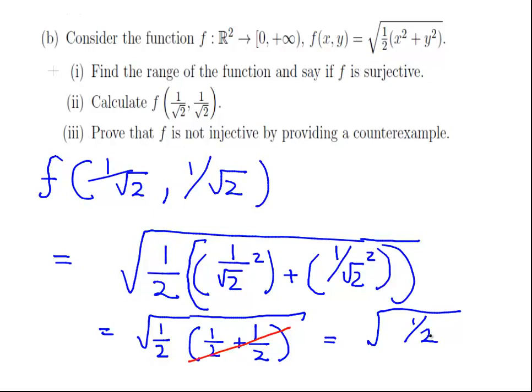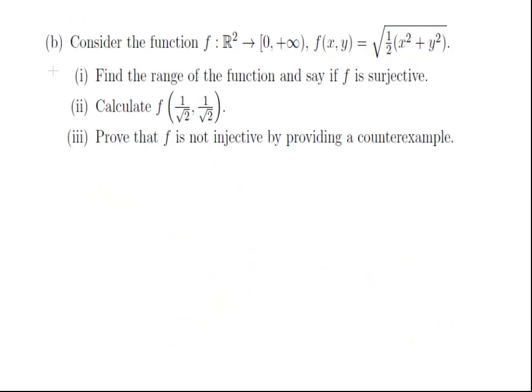Nothing particularly tricky there. Now, prove that f is not injective by providing a counterexample. The idea of injective is that each input has its own unique output, and each output of the function has its own unique input. A way of proving that it is not injective is to have two different inputs to the function and show that they have the same output.